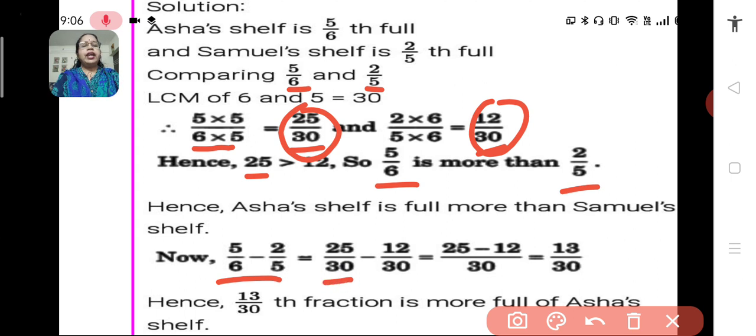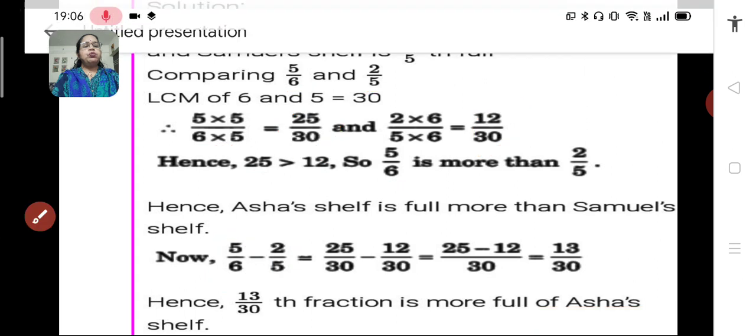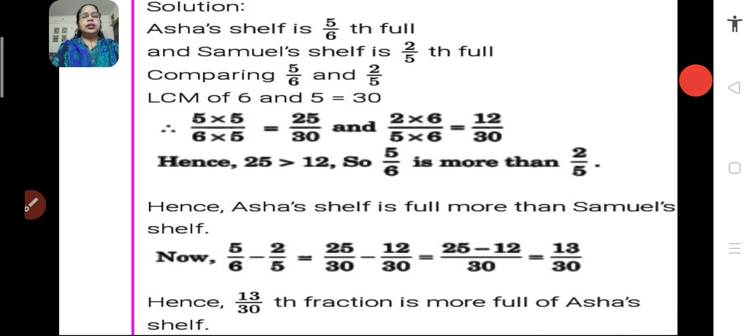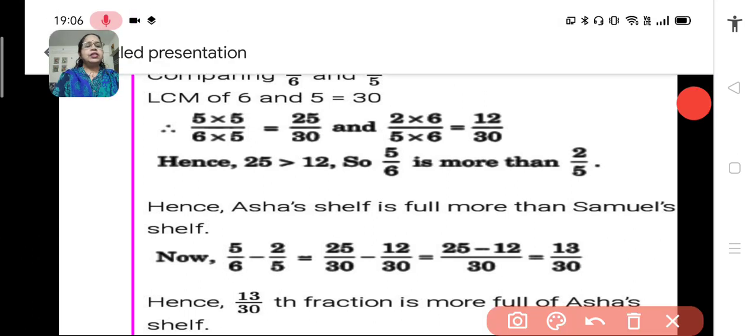So, 25 upon 30 is the equivalent fraction of 5 upon 6 and 12 upon 30 is the equivalent fraction of 2 upon 5 with denominator 30. Now, we can subtract them. So, 25 minus 12 becomes 13 and the denominator is 30. So, what is the fraction which is more full of Asha's shelf? It is 13 upon 30. So, this is the way we solve this kind of problems.